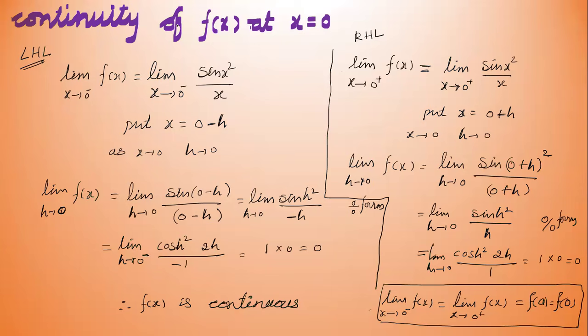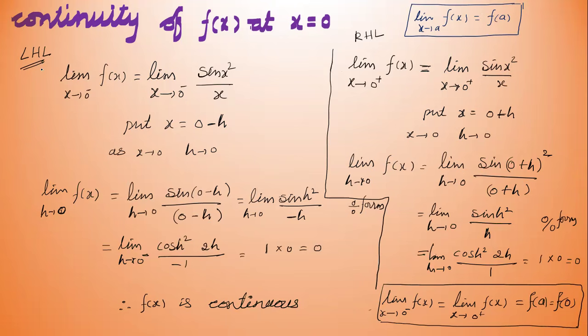First, the concept: continuity of f of x at x equal to 0. Continuity means limit x tends to a, f of x is equal to f of a. In that case, the function is said to be continuous.